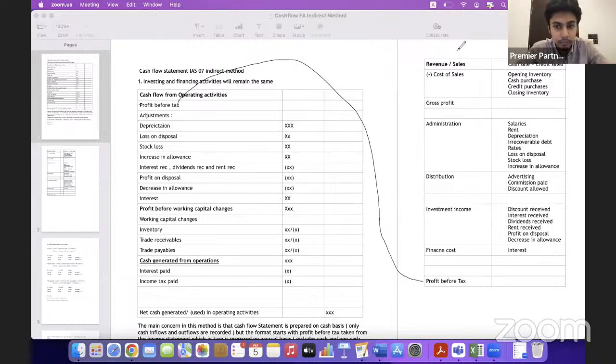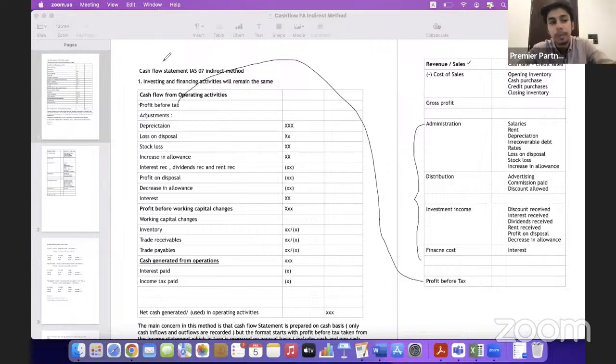So therefore, guys, what we should do is that first of all, when you prepare an income statement, organization has to go through several topics. Revenue minus cost of sale is gross profit. Administration, distribution, investment income, and financing expenses. So like this, the business has to go through 6 headings in order to arrive at PBT.